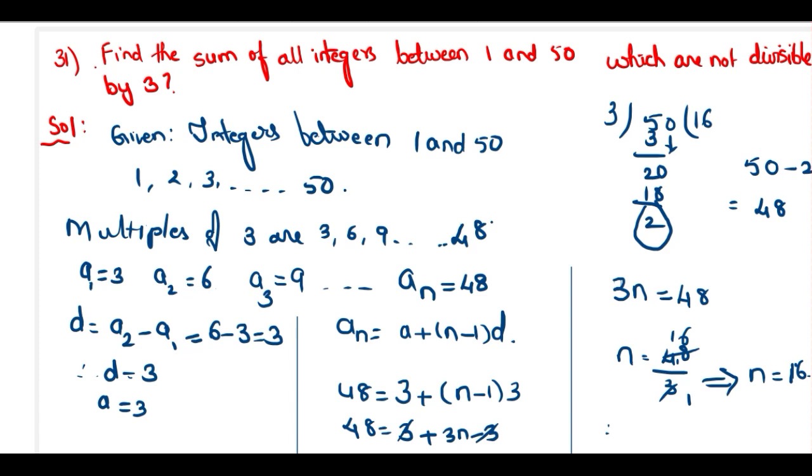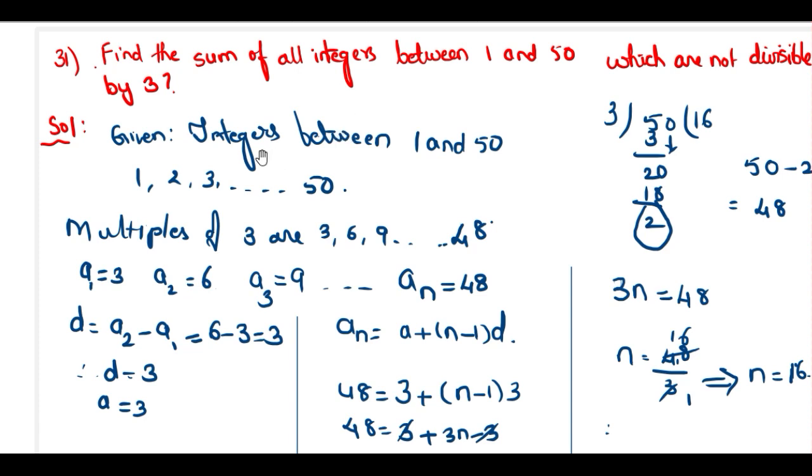In order to solve this question, we need to first understand this. What is given is integers between 1 and 50, that is 1, 2, 3, and so on up to 50. We need to find the sum of all the integers between 1 and 50 which are not divisible by 3.